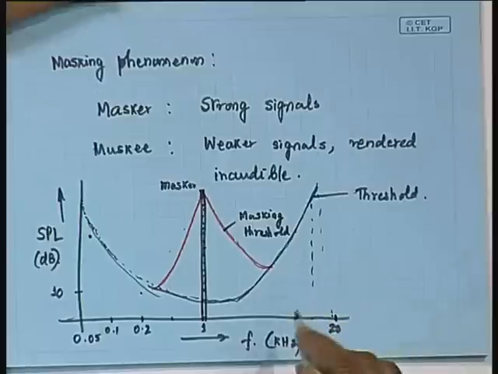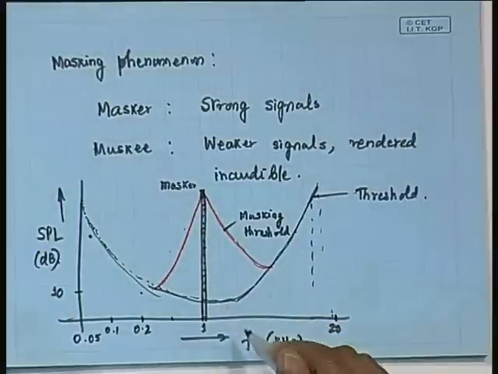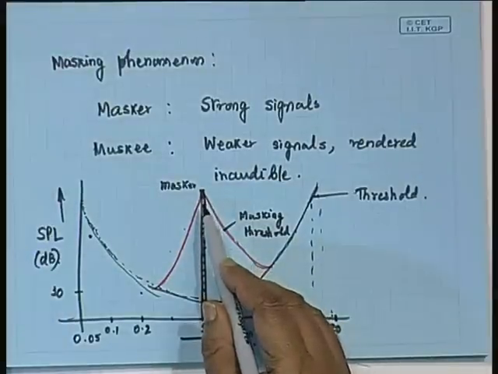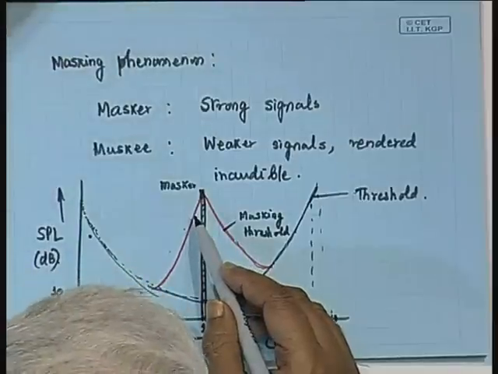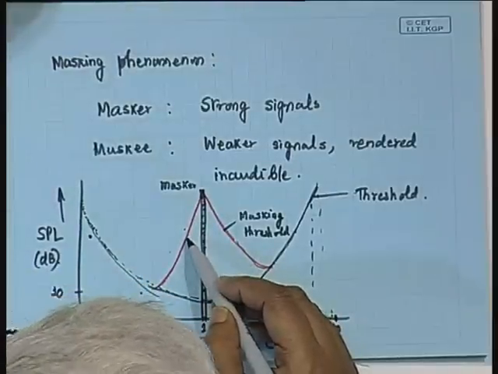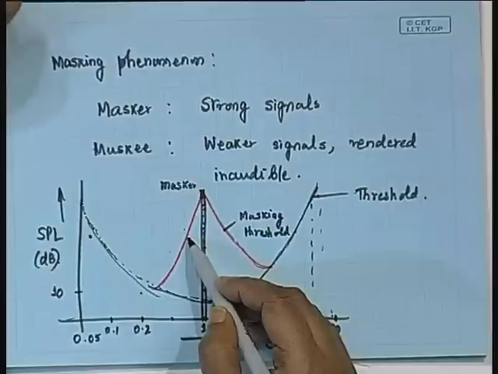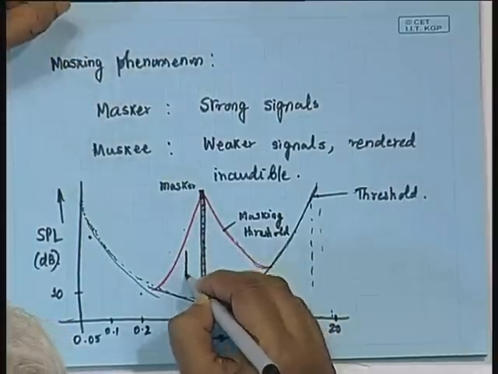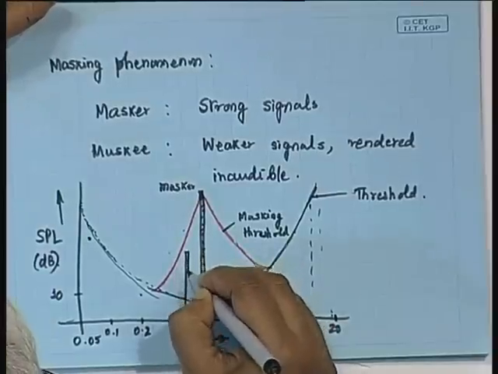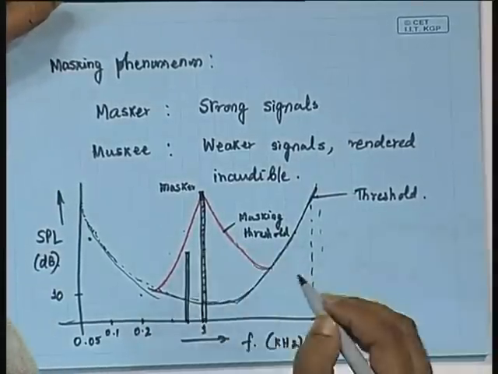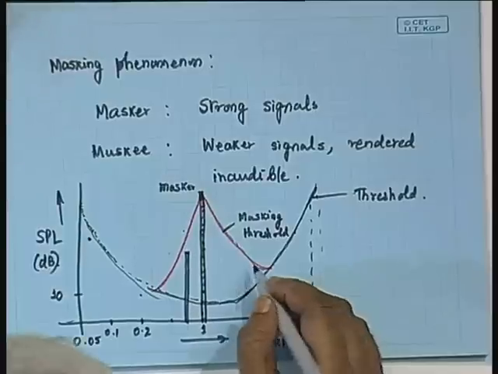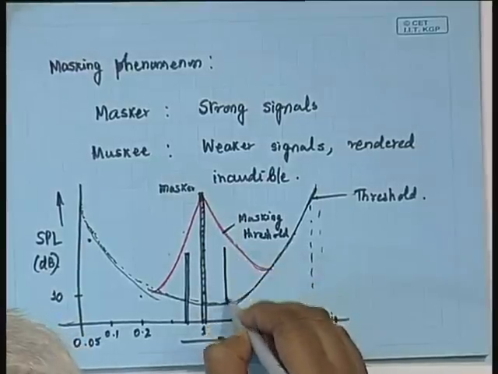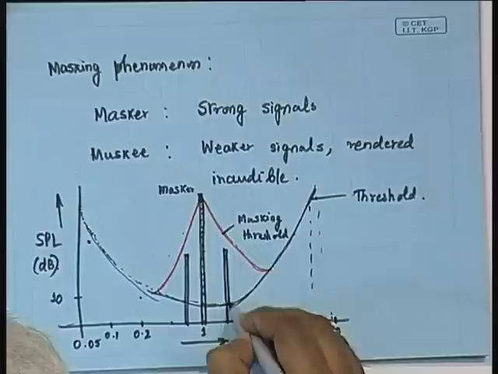What it signifies is that in the presence of this masker, any sound which is below this masking threshold will be inaudible. Means if I have a sound source at this frequency having this much intensity, it will not be audible.